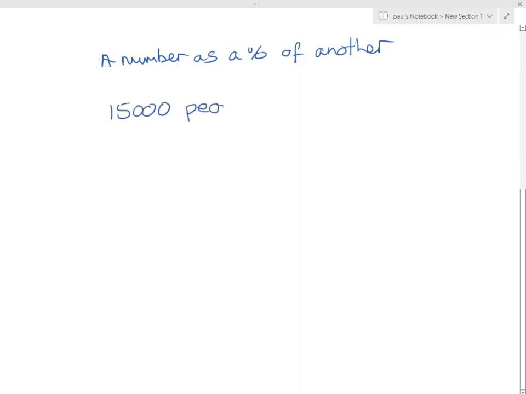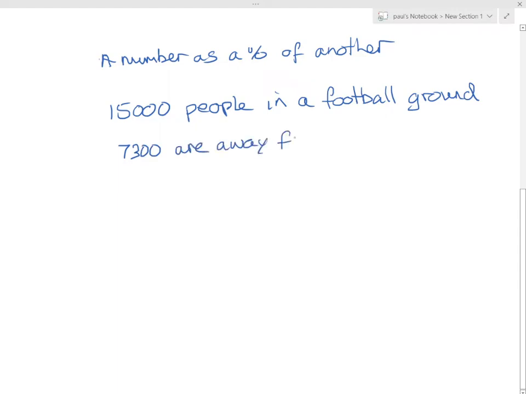Right, now the next thing we looked at was a number as a percentage of another. So you've got 15,000 people in a, I don't know, let's have a look, football ground. 7,300 are away fans.